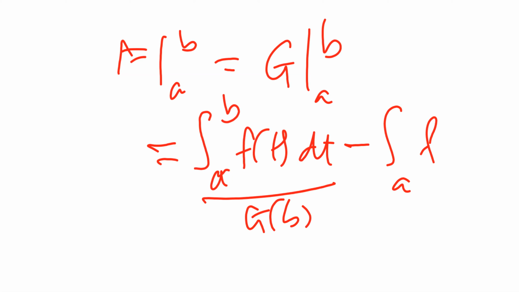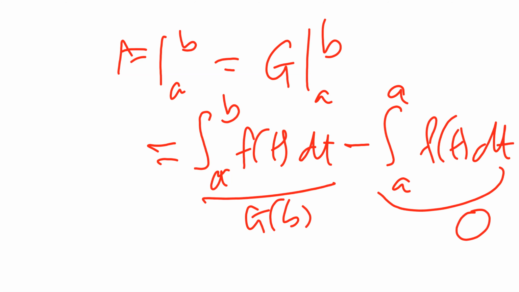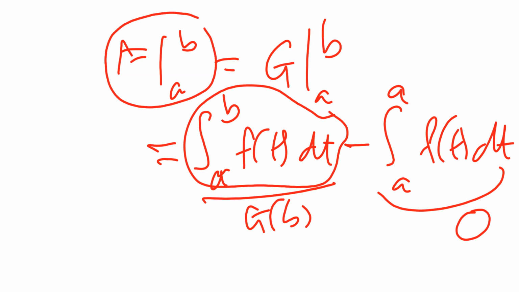It is the integral from a to a of f(t) dt, and we know that this is 0. So the conclusion is that this one equals this one. So we finished the proof of part 2 of the fundamental theorem. Do you have any questions?